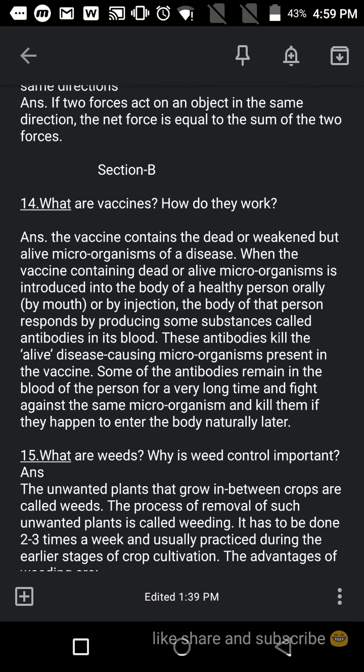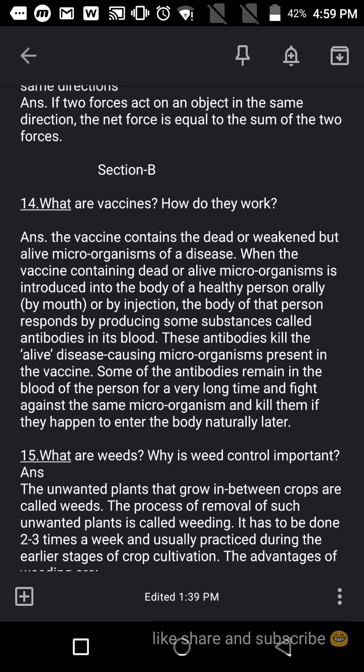Section B. What are vaccines? How do they work? Answer. The vaccine contains a dead or weakened but alive microorganisms of a disease. When the vaccine containing dead or alive microorganism is introduced to a body, by injection or orally, the body of that person responds by producing some substances called antibodies in its blood.